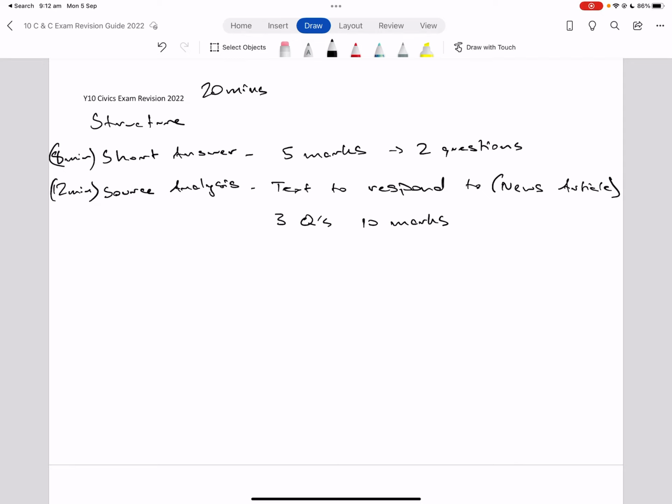The only other thing that you need to be aware of in the source analysis, it'd be really important that you are referring back to source material, and you're using that source material to actually answer your questions as well.